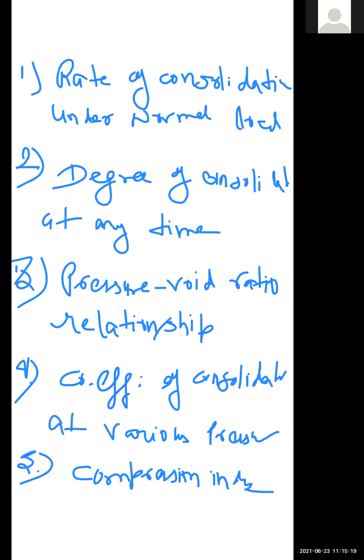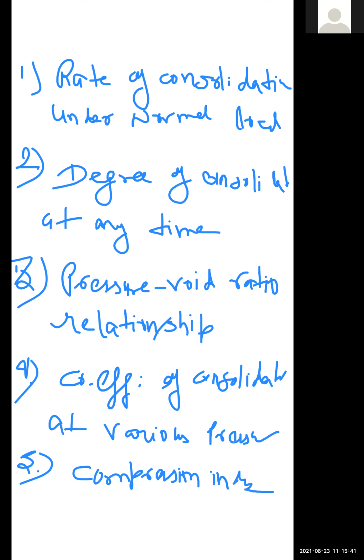Since the settlement analysis of foundation depends mainly on the values determined by the test, this test is very important and very useful for foundation design.